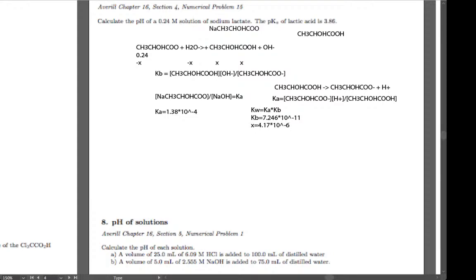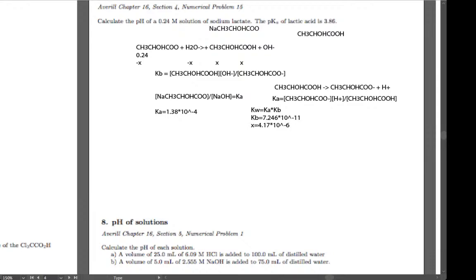And that's basically our x here, as the x represents the H plus, the CH3CHOHCOO minus, and also the change in CH3CHOHCOOH.